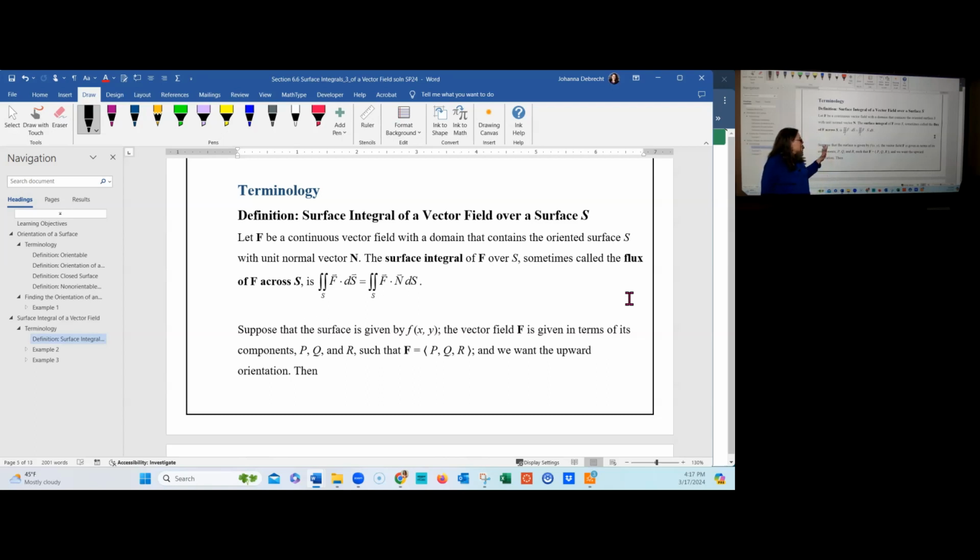Let's go ahead and suppose that the surface is given by some function, lowercase f, of x and y. The vector field, uppercase F, is given in terms of its components, P, Q, and R, such that the vector field F is P, Q, R. And we want to have the upward orientation.